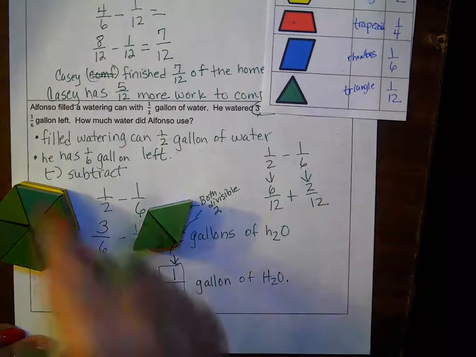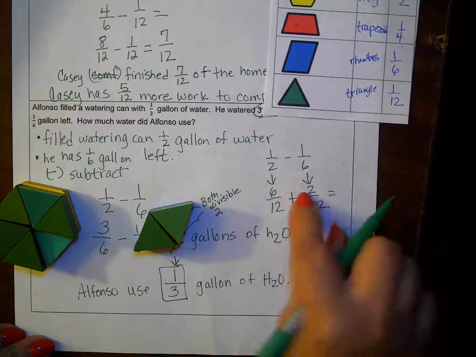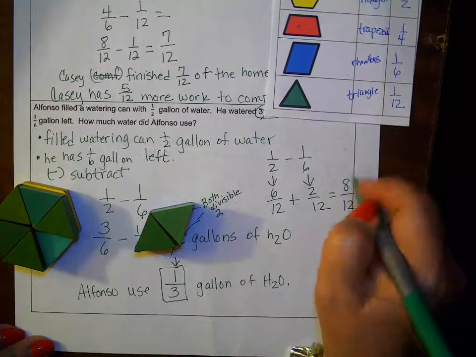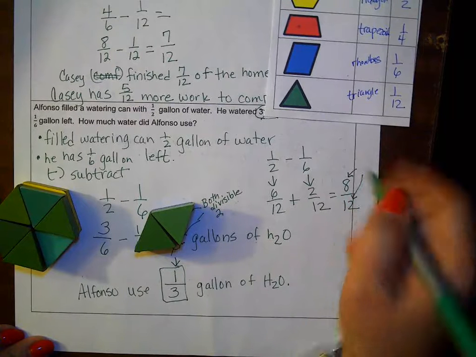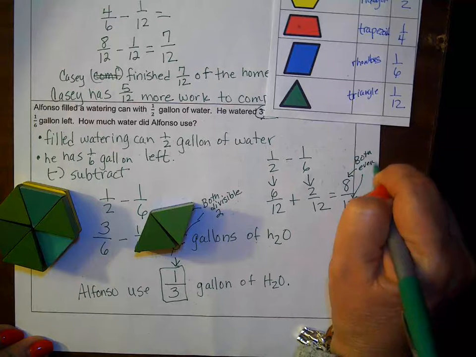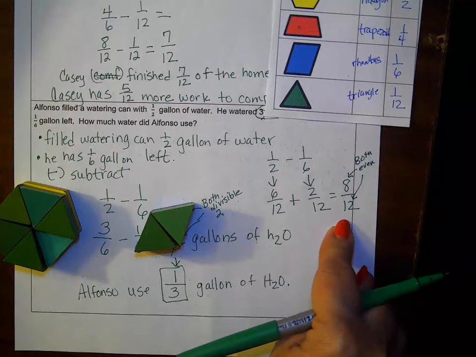How many total 12ths do you have? Well, that's 6, 7, 8. I know that 6 plus 2 equals 8 over 12. Again, these numbers here are both even. I also know that these are both composite numbers too, right? Because I'm going to have more than 2 factors.